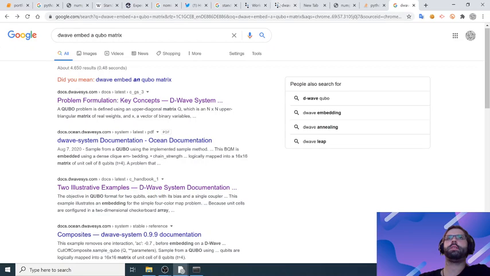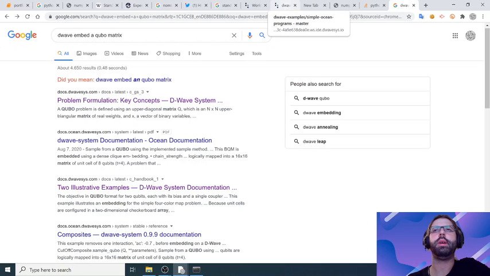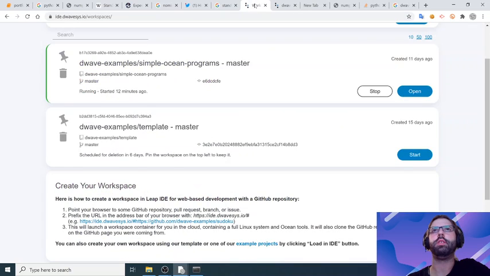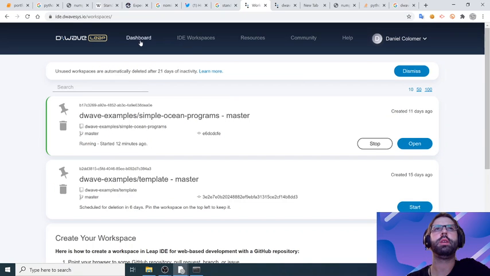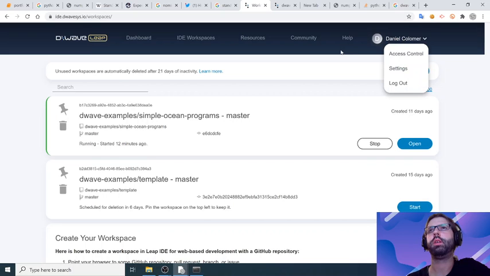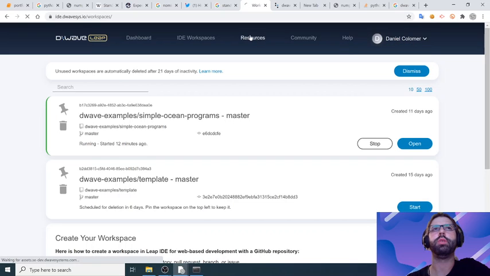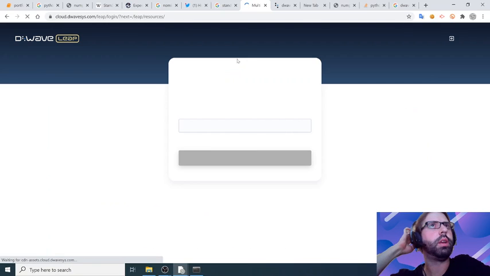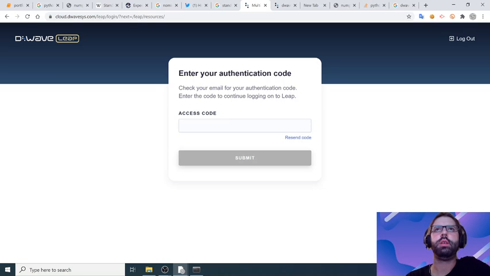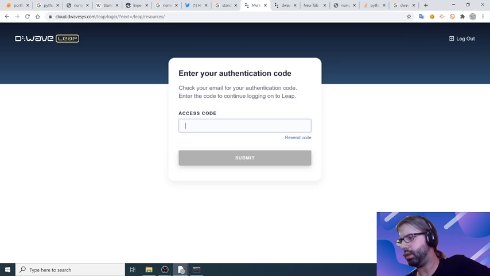I guess it might be easier to just install the SDK, isn't it? Like, can I just... resources? How can I just download that? Oh, come on, access code in my email. Are you kidding me? Let me check.